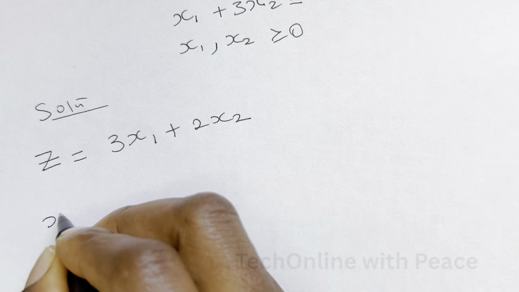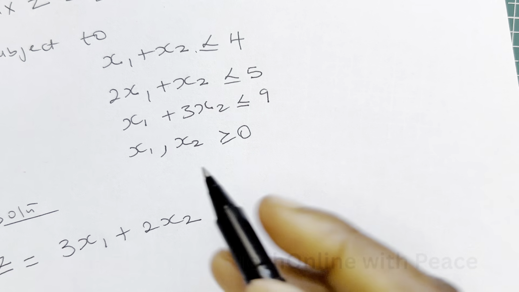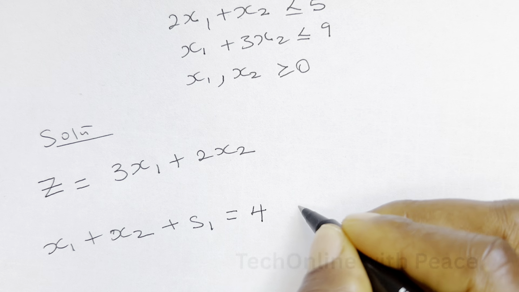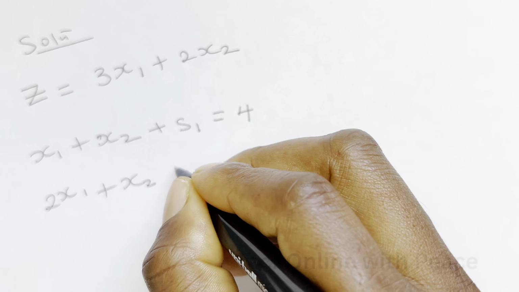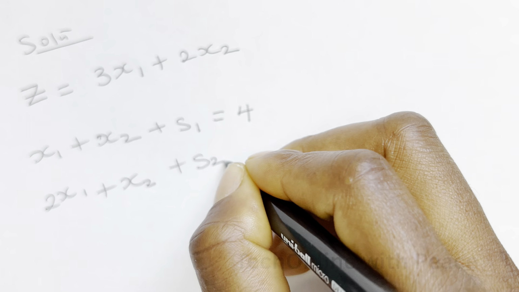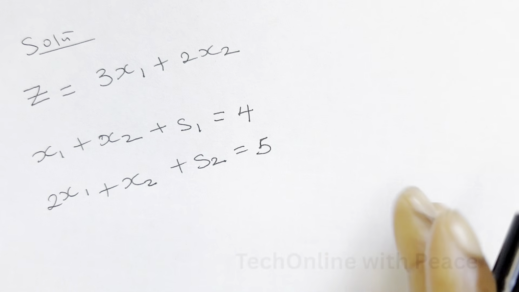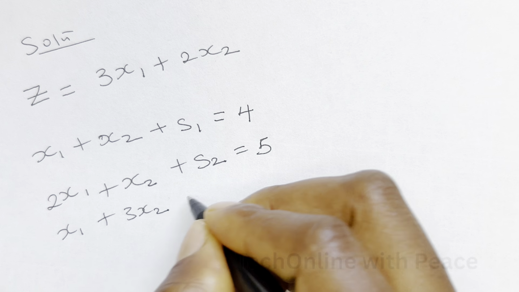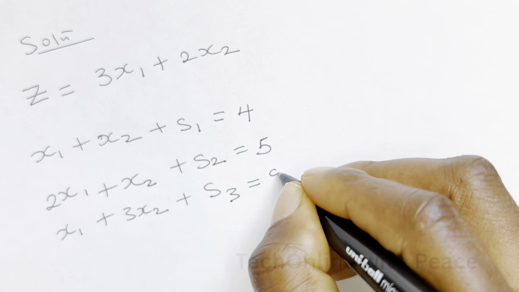Therefore we have x1 plus x2 plus s1 equal to 4. This is the first constraint. The second constraint is 2x1 plus x2 plus s2, our slack variable, equal to 5. And the third constraint is x1 plus 3x2 plus s3, the third slack variable, equal to 9.